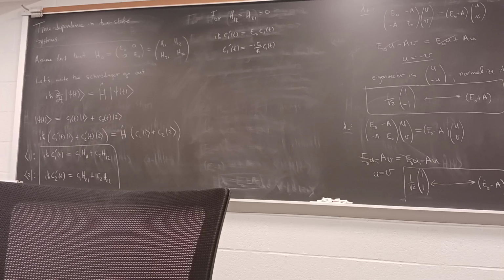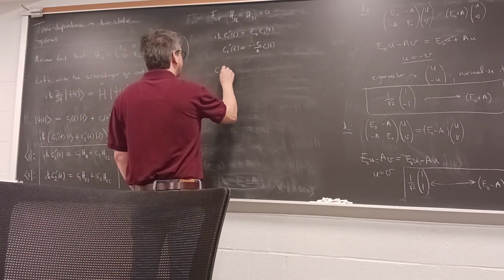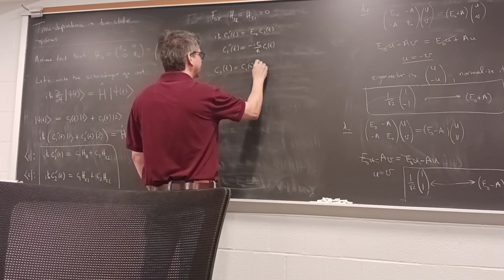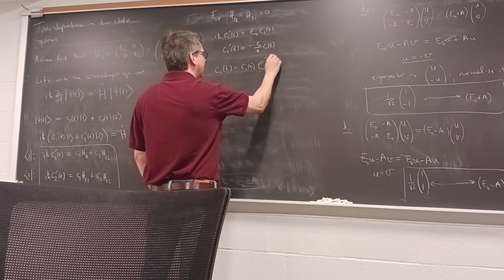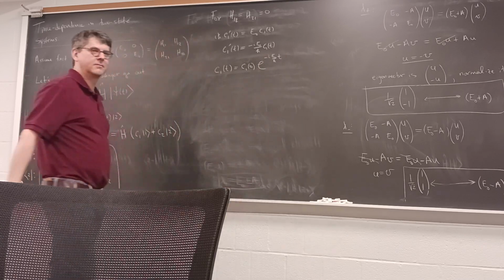What function can you take the derivative of and you get the function back? E to the, right, it's exponential. So this C1 of t is C1 at 0, some constant, times e to the minus i E0 over ħ t, okay?